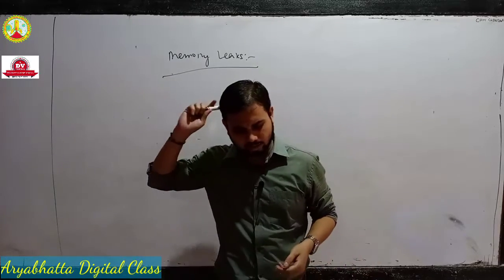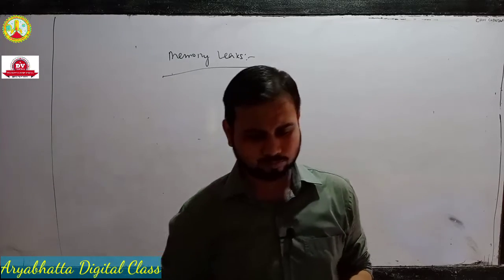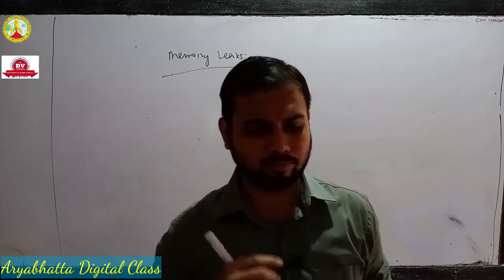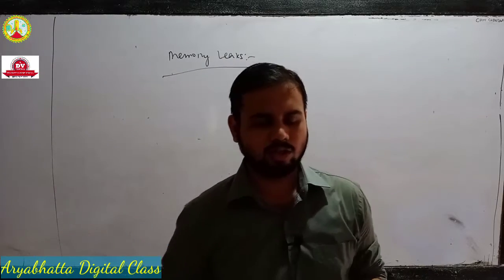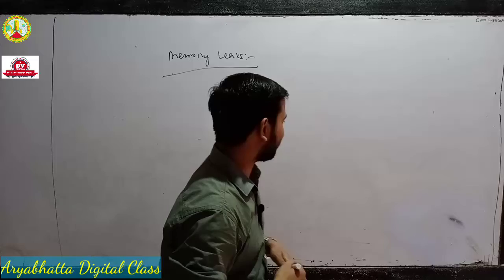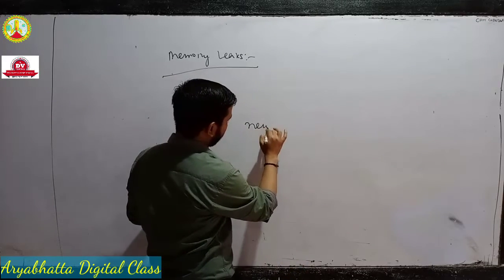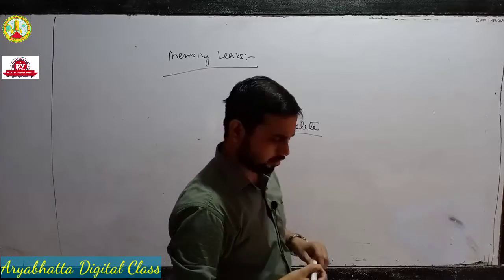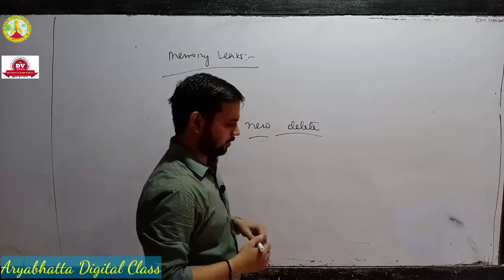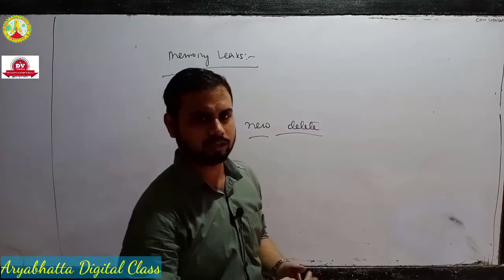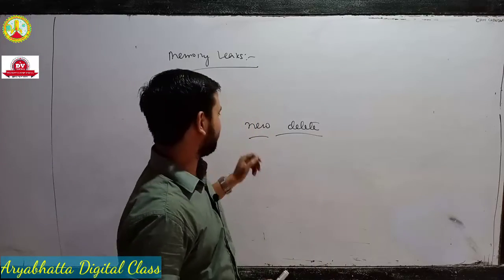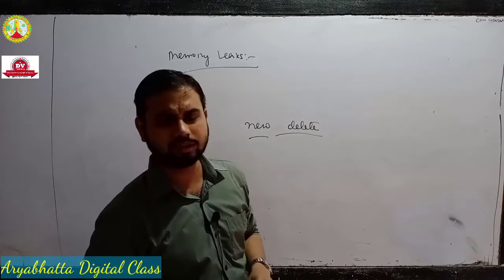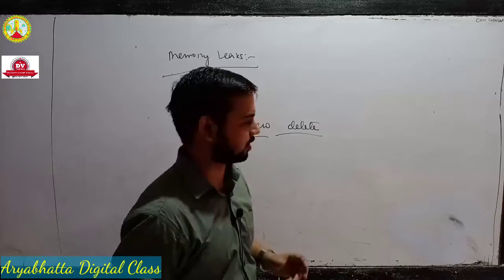Memory leaks means, when we allocate memory dynamically, what operators do we use? We use two dynamic allocation operators: one is new, another one is delete, right? Suppose someone allocates the memory but forgets the deallocation operation.